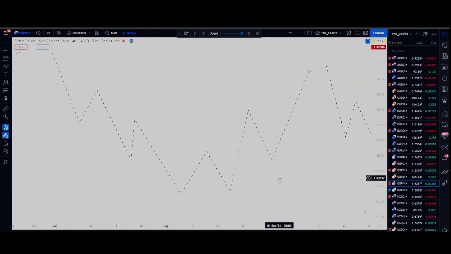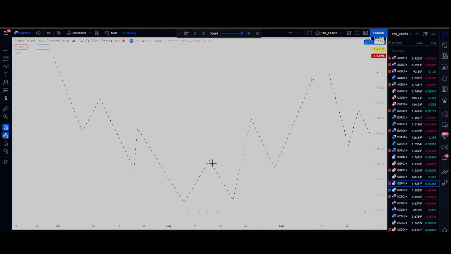How are you going to know that these double bottoms you are seeing right now are going to push and make this market reverse? As a forex trader, you can't actually predict the reversal of a particular currency pair, except maybe if you are looking at some very powerful fundamentals.